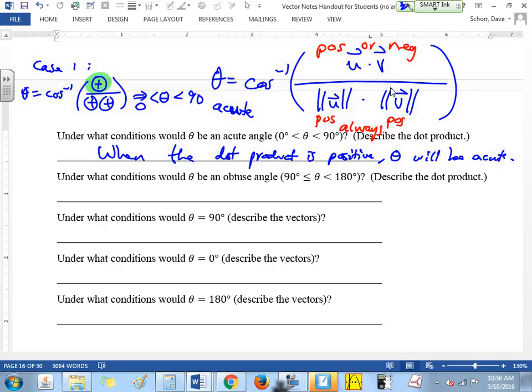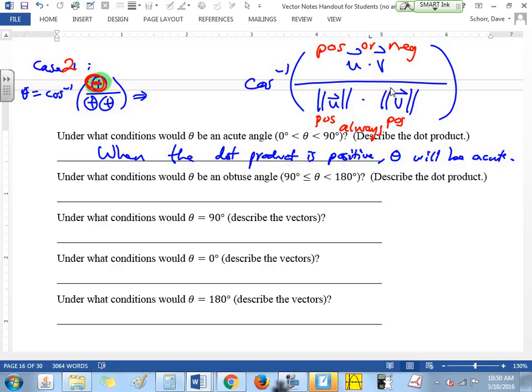Okay? Let's look at case number 2. In case number 2, remember the denominator is always positive. But imagine if this was negative. The dot product is negative, let's say. Well, what's negative divided by positive times positive?